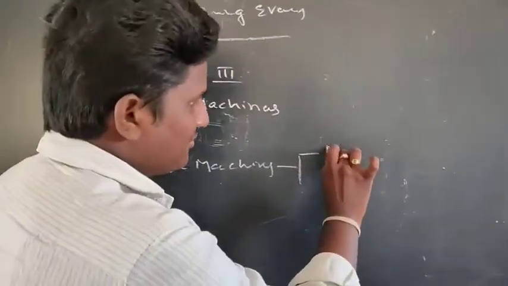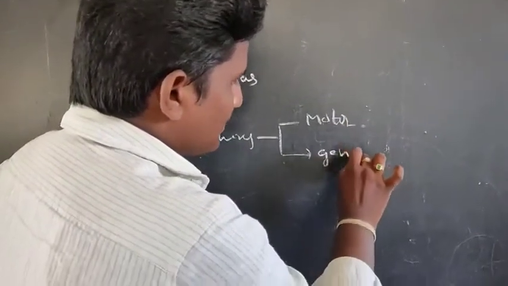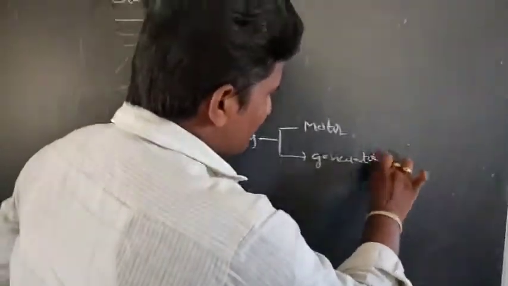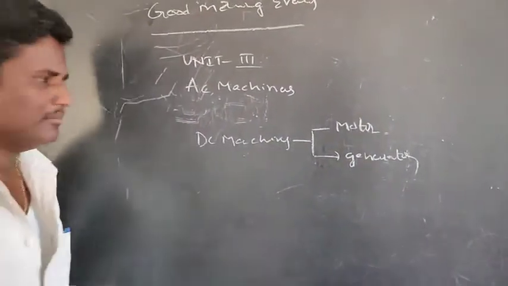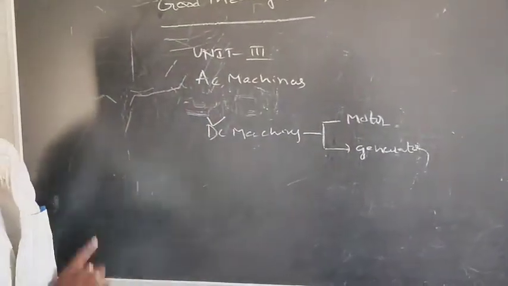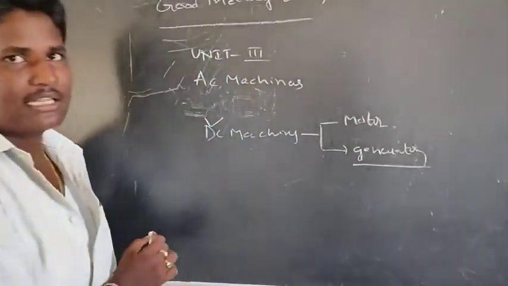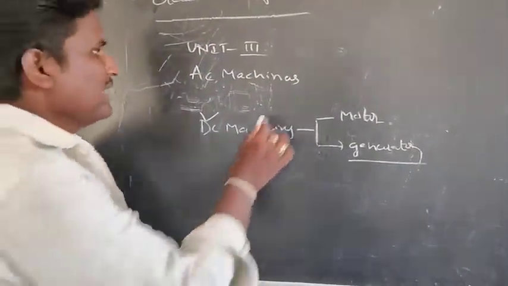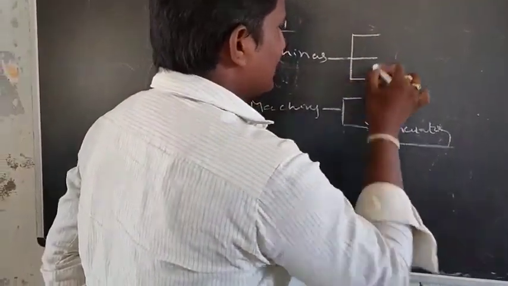The machine is the combination of motor and generator. The definition of motor and generator is the same, but if the machine is operated with DC supply, that is called a DC motor. If the machine generates DC supply, that is called a DC generator. Similarly, AC machines can be classified into 3 types in our syllabus.